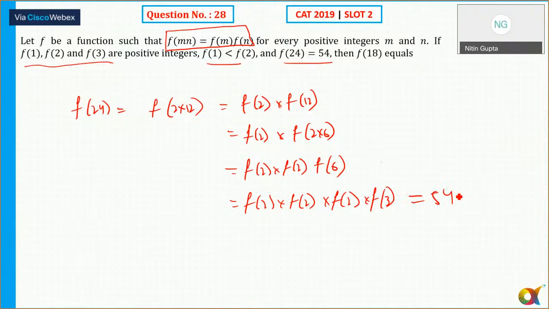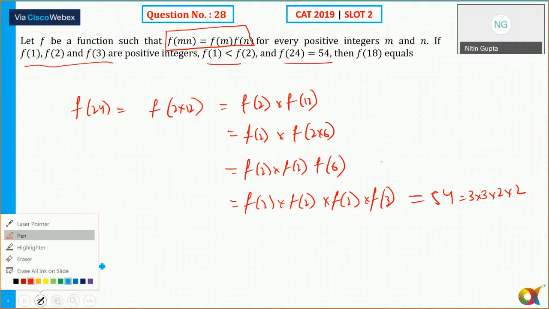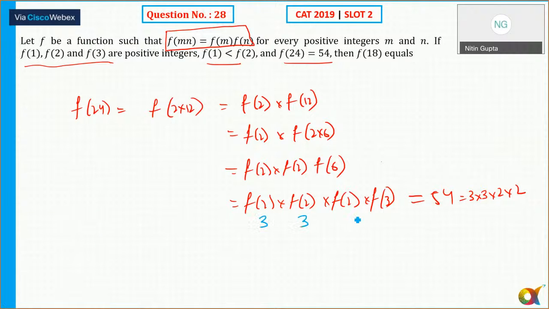And 54 is equal to 3 into 3, 9 into 3, 27 into 2, 54. f(2) is equal to 3, f(2) equal to 3, f(2) equal to 3, as all of them are integers. And f(3) is equal to nothing but 2. So we have got that f(3) is equal to 2 and equal to.